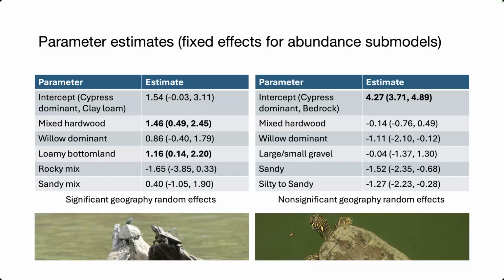And as far as why they are avoiding cypress, we think it could probably be some indirect and subtle effects on nesting ability or nesting success as well, given that cypress trees tend to inhabit rockier soils. So there could be some confounding of soil type with vegetation.